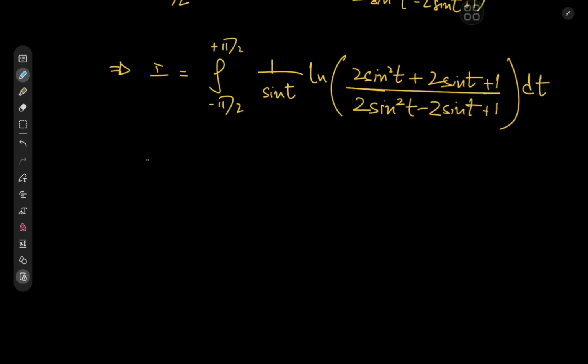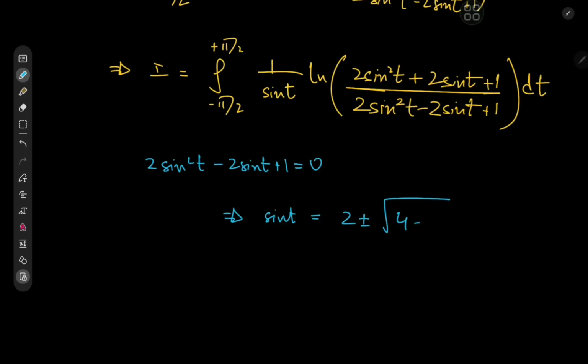So if I take the function 2 sine squared t minus 2 sine t plus 1 and set it equal to 0 and solve the equation so I get the roots, that means that sine t equals, good old quadratic formula, 2 plus or minus root 4 minus 8 divided by 2, which equals 2 plus or minus 2i divided by 2, which means that the roots of the equation are 1 plus and minus i. Okay, cool.